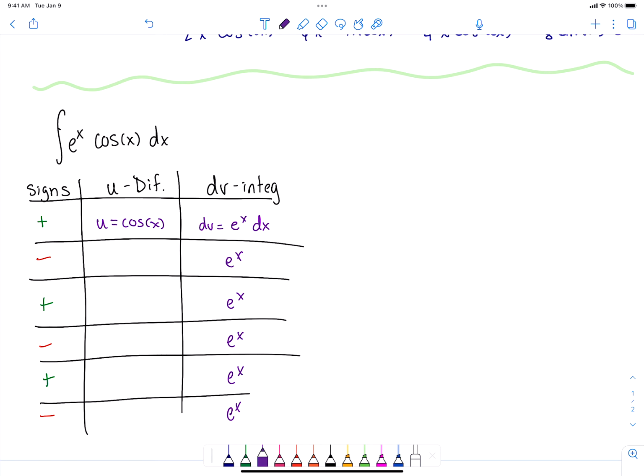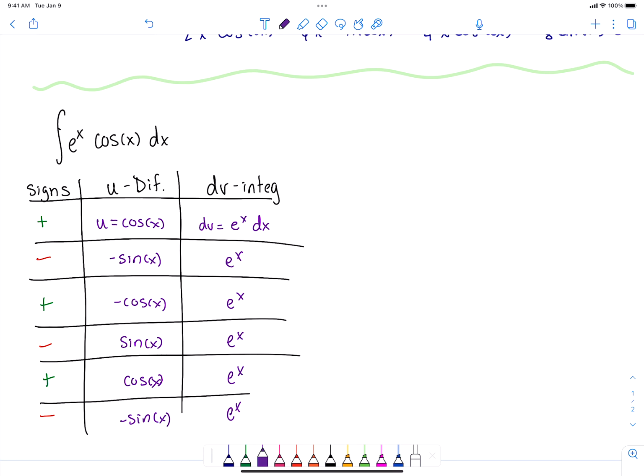And remember, if we had a coefficient on that x, we'd just be getting the reciprocal of that coefficient times our e to the coefficient x over and over again. And taking the derivative of cosine, we get negative sine. Taking the derivative of negative sine, we get negative cosine. Then we get back to sine. And this is something we've seen before, that it cycles through.